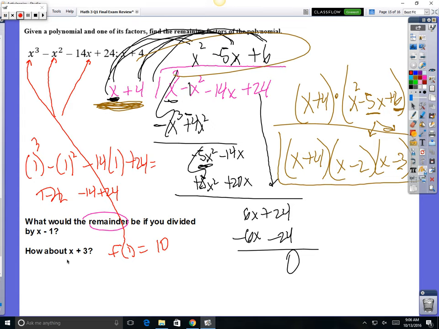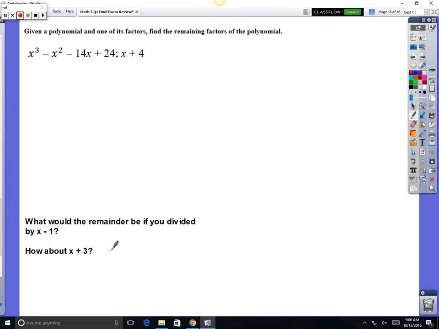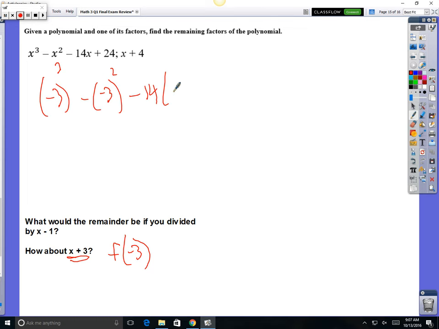Okay, if you divide by x plus 3, I'm going to plug in a minus 3. So it's going to be parentheses minus 3 cubed minus parentheses minus 3 squared minus 14 parentheses minus 3 plus 24. Okay, punch that in.